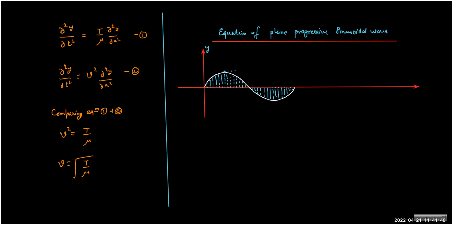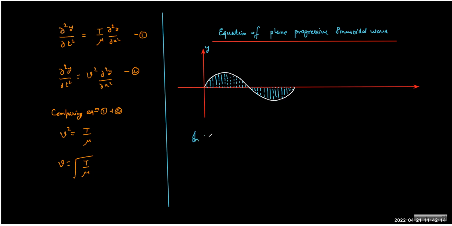So the first thing that we need to remember about progressive wave, and I'm talking about the plane progressive. So there is a meaning of this. So when I say plane progressive, it means the amplitude remains constant during the propagation.